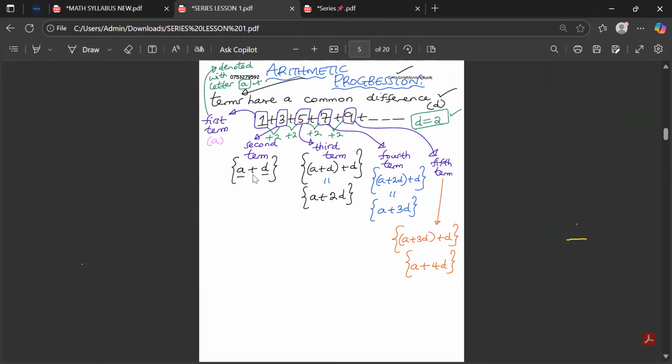What do I want to know whether people have gotten? I want to know whether people have gotten that first term is A, second term is A plus D, third term is A plus 2D, fourth term is A plus 3D, fifth term is A plus 4D. Is that okay? Remember, we also have GP, and we are also doing it today. I told you.